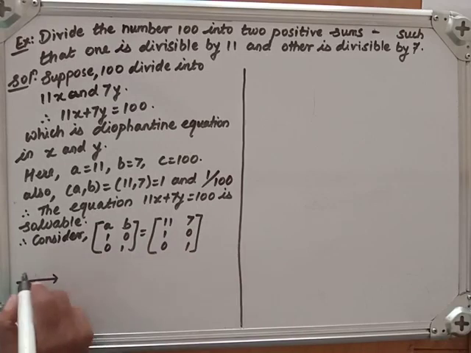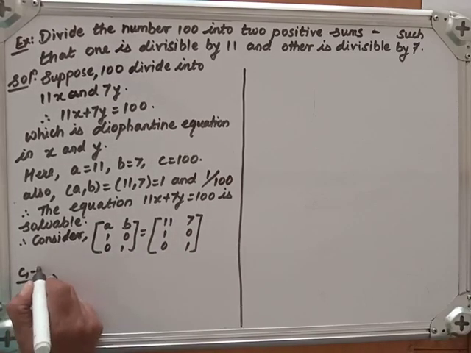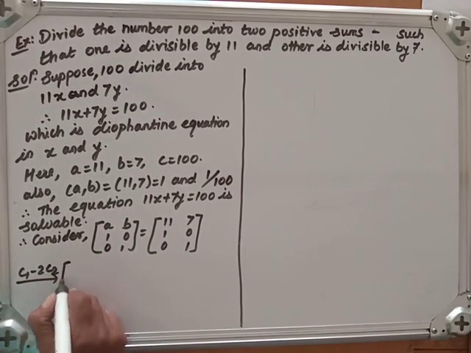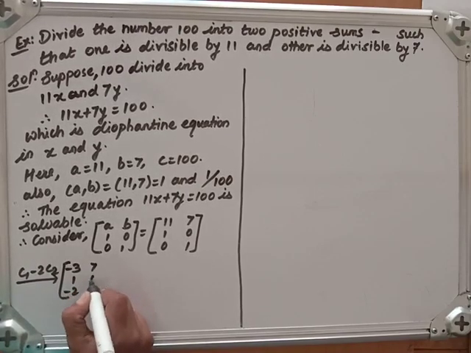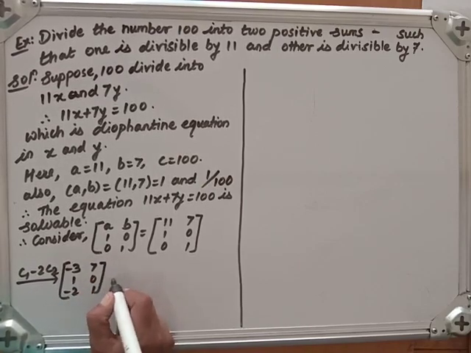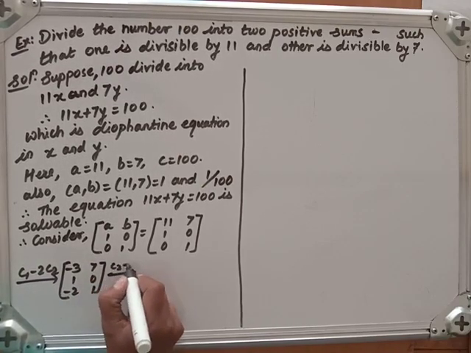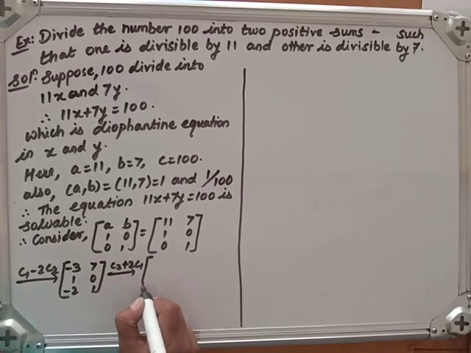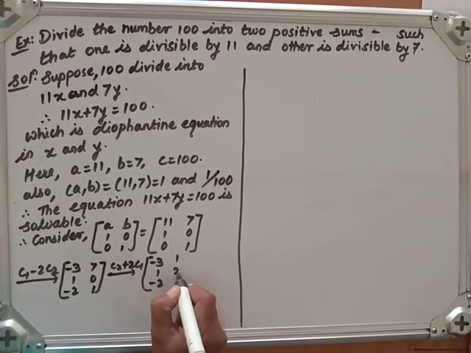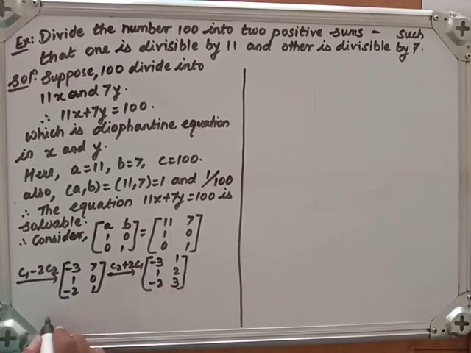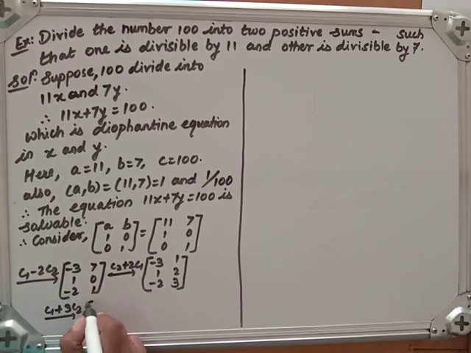So here let's do the operation. C1 minus C2, so minus 3, 1, minus 2, 7, 0, 1. Then C2 plus 2C1, so here minus 3, 1, minus 2, 1, 2, 3. Then again C1 plus 3C2. So here 0, 7, minus 11, 1, 2, 3.